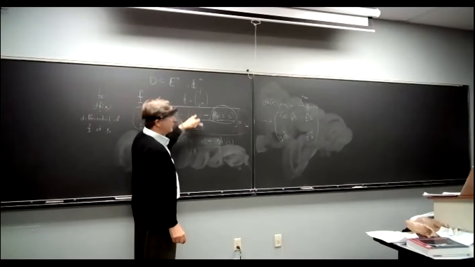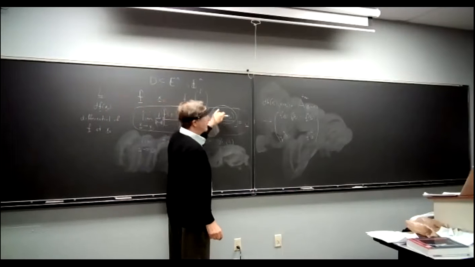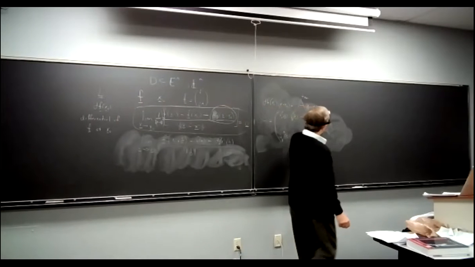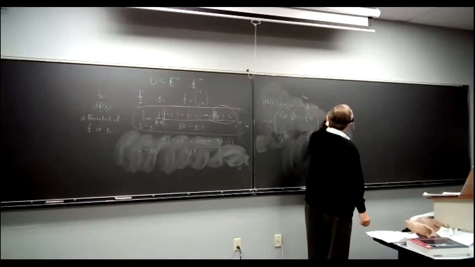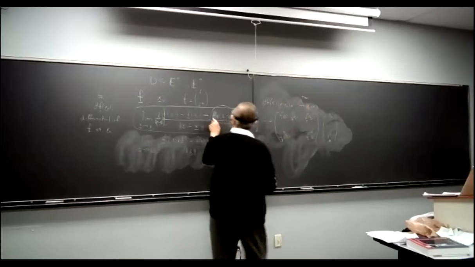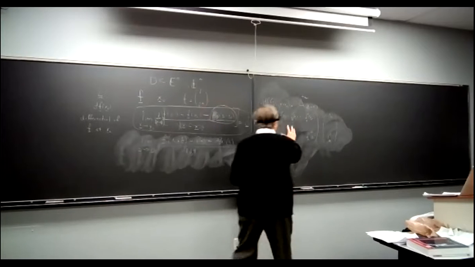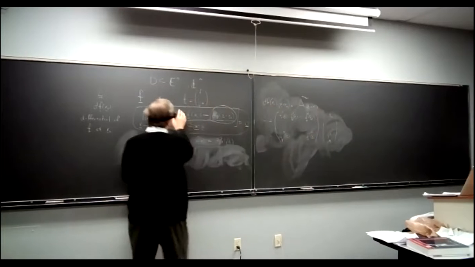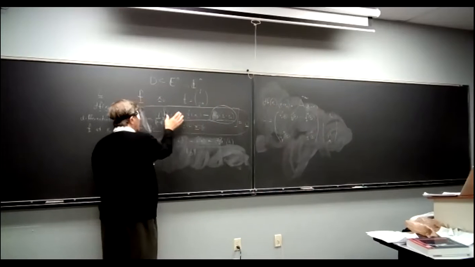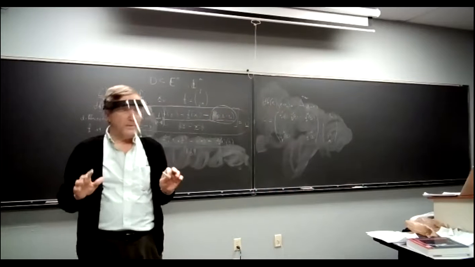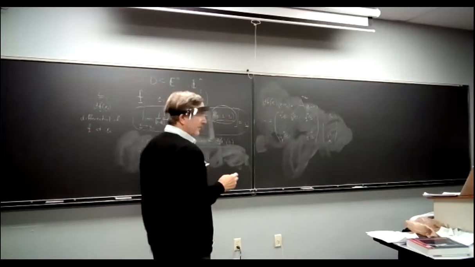F of x naught is an m-dimensional vector. And this is a matrix product of an m by n matrix times the vector x minus x naught, with components 1 to n. And so this thing here is also an m-vector because it's this matrix times that vector. And so you have a numerator here, which is no longer a numerator. It's a vector minus a vector minus a vector. So enough of an attempt at explaining that kind of stuff.